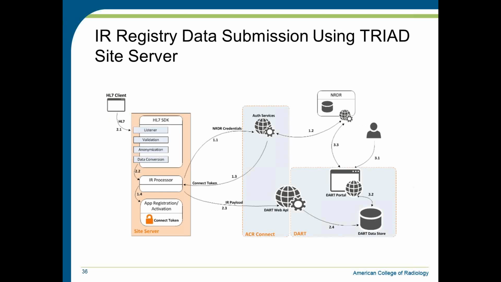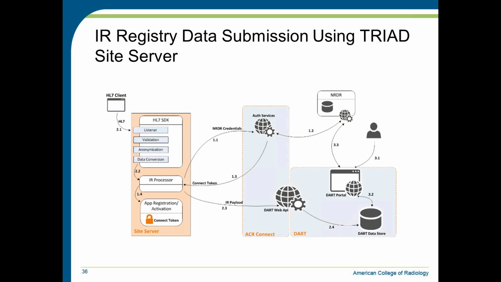And this is pretty much the overall architecture diagram as far as how the site server works with our backend applications and NRDR for reporting purposes. As you see on the left-hand side at the top, HL7 clients, those could be the reporting applications or could be the interface engines, depending on how the institutions are set up.